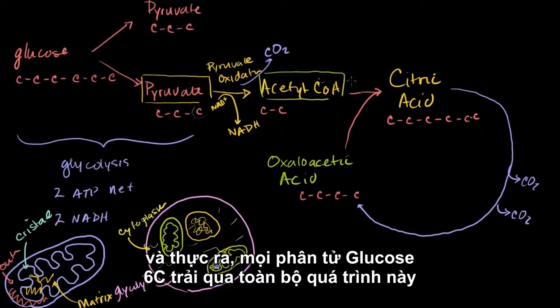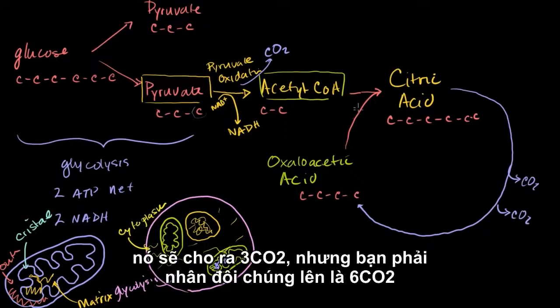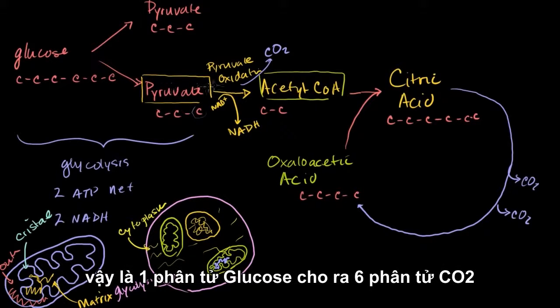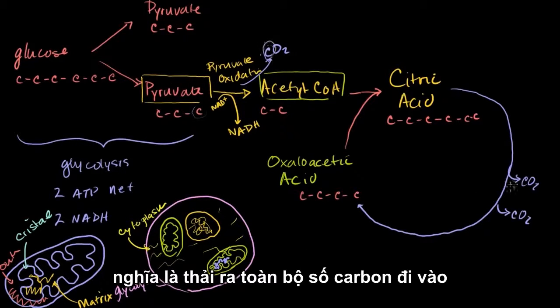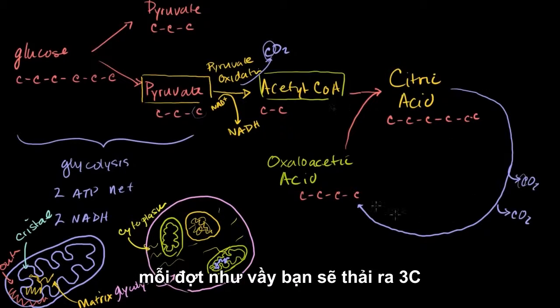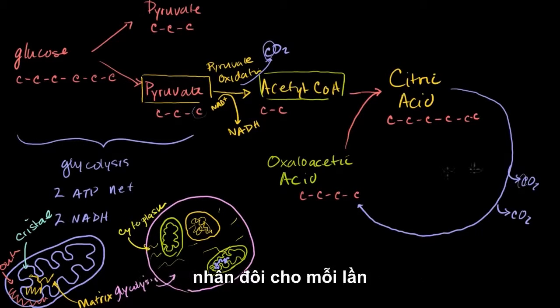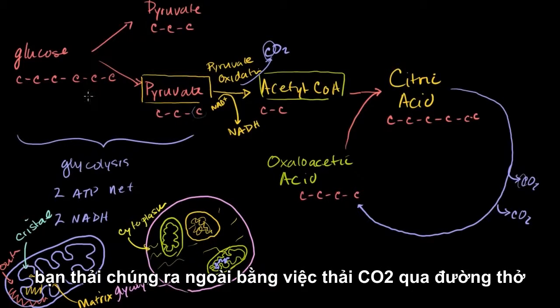When you do this whole process once, you're generating 3 molecules of carbon dioxide, but you're going to do it twice. You're going to have 6 carbon dioxides produced, which accounts for all of the carbons, right? You get rid of 3 carbons for every turn of this, well, 2 for every turn, but really for the steps after glycolysis, you get rid of 3 carbons, but you're going to do it for each of the pyruvates, so you're going to get rid of all 6 carbons, which we'll have to exhale eventually.